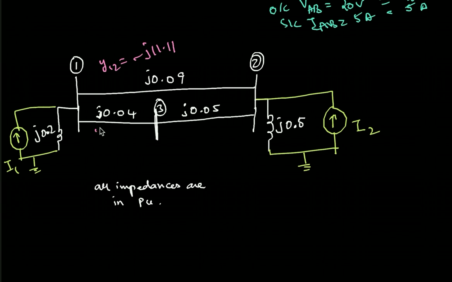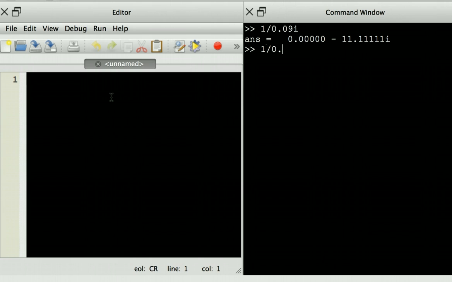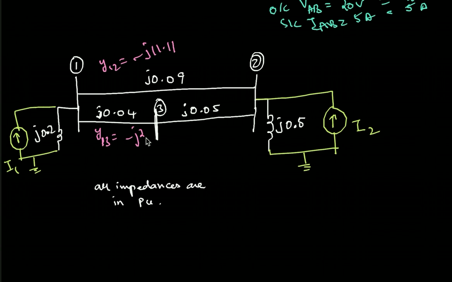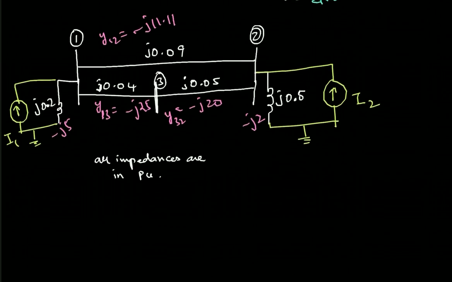So what is Y13? 1 divided by 0.04j. So I'll get 25, so minus J25. And this will be minus J20, because 1 by 0.05 is J20. So this is Y32. Similarly, convert this also into admittance. So 1 by J0.5 will be minus J2, and 1 by J0.2 will be minus J5. Is it 0.2? I think if I go up, okay, so the value 0.2 is given.